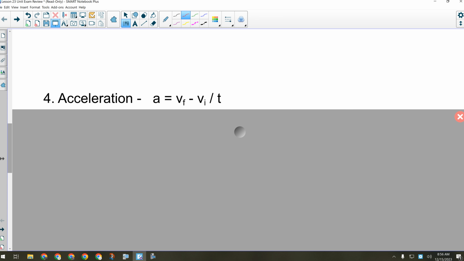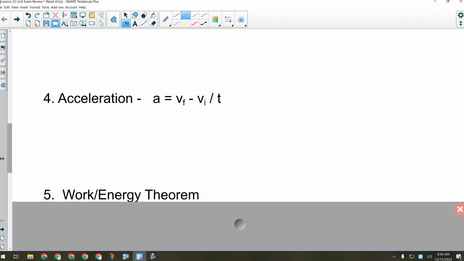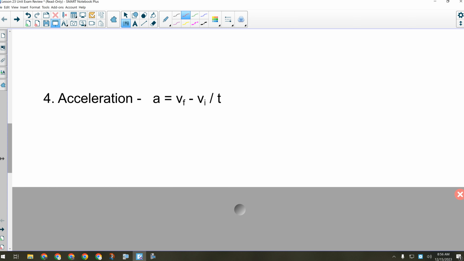In an acceleration question, what are some trick words that I might use? Rest. What else? Falling. Something's falling.